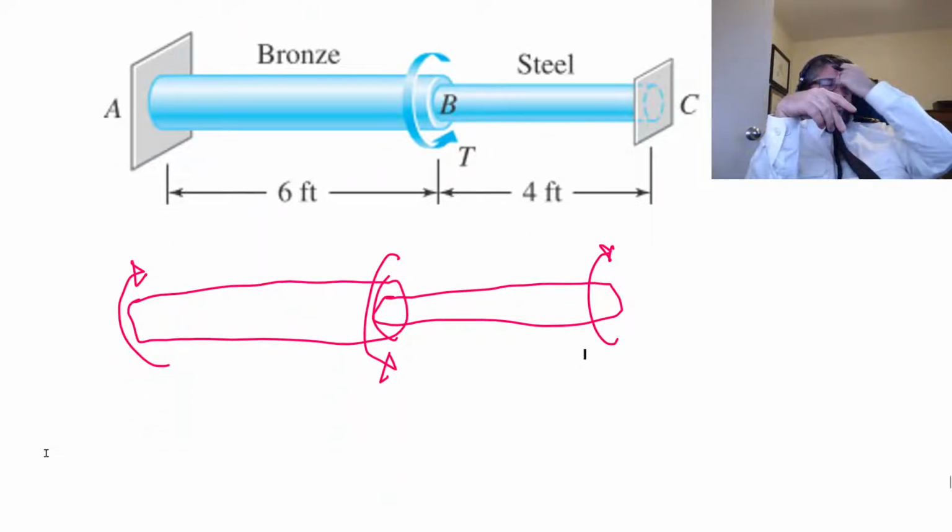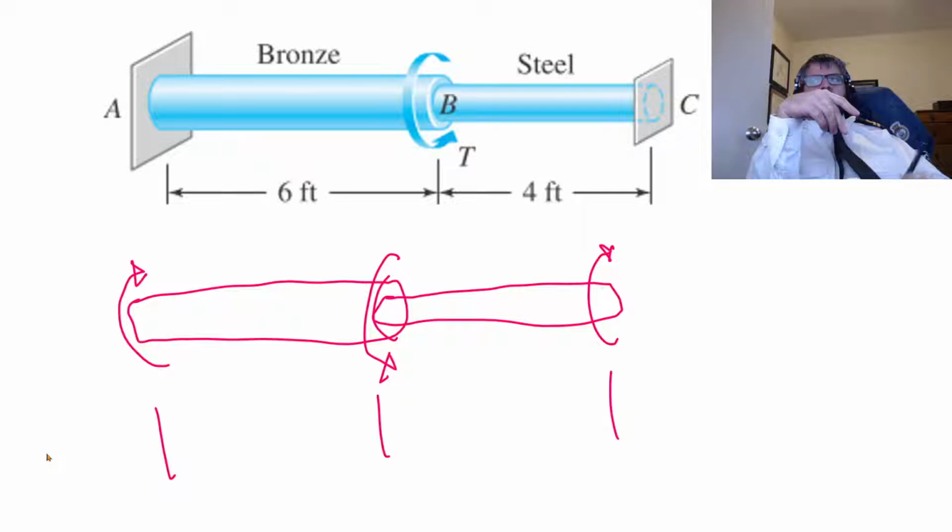We're going to get a certain amount of twisting in this section and in this section based upon their internal torque loads.